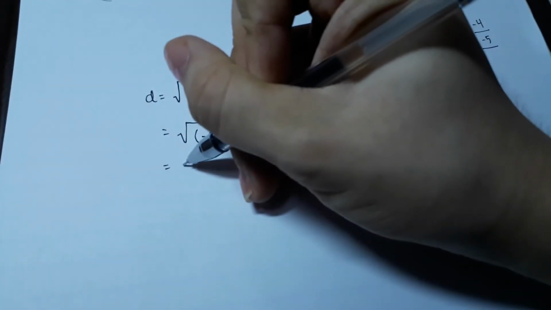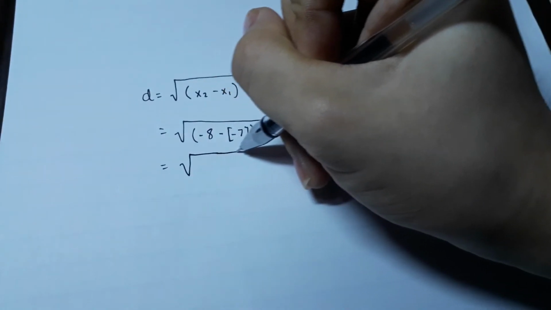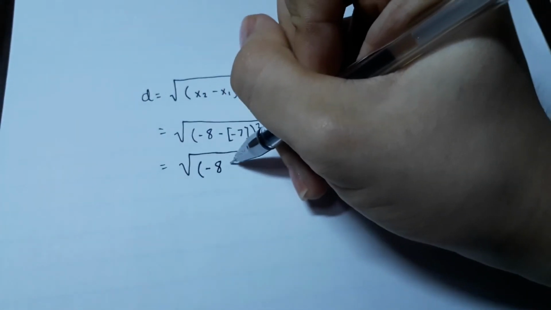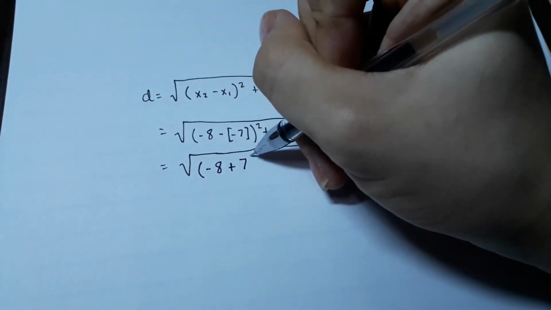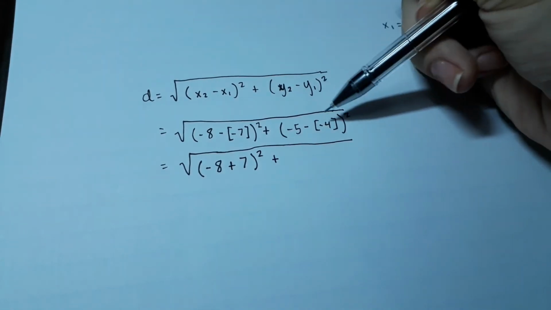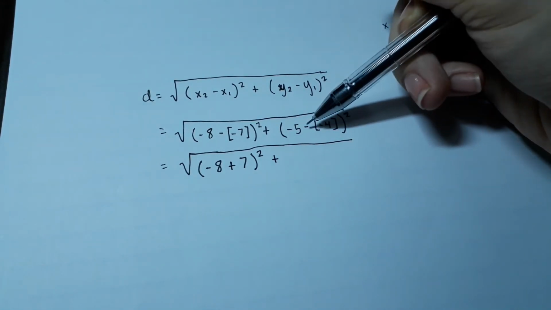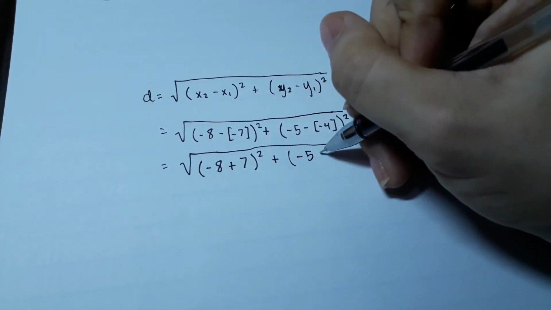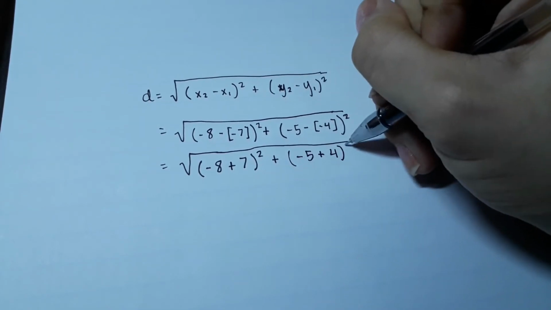So negative 8 plus 7 squared. Now here it's the same, negative 4 times negative will become positive 4. So plus 4 squared.